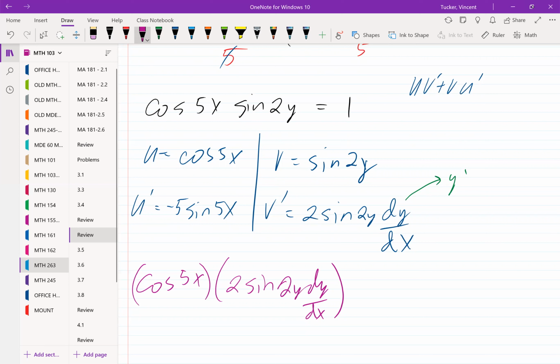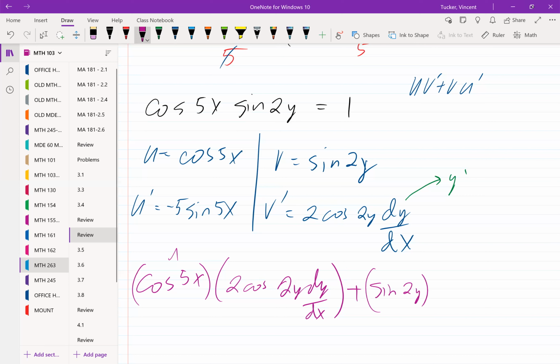Well, why the extra 2y? I'm mixing up things. I got U right here. Oh, I didn't put a cosine on here. So it should be cosine here: u is cosine 5x, and v is sine 2y.